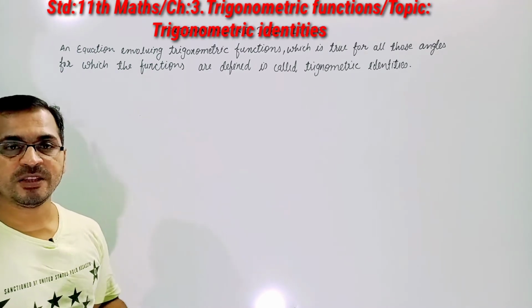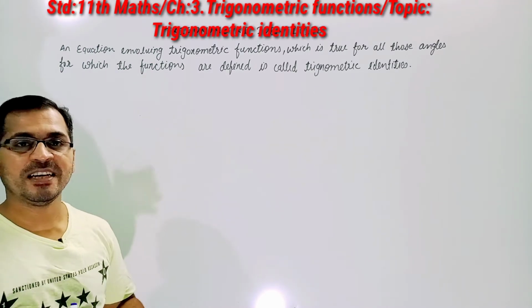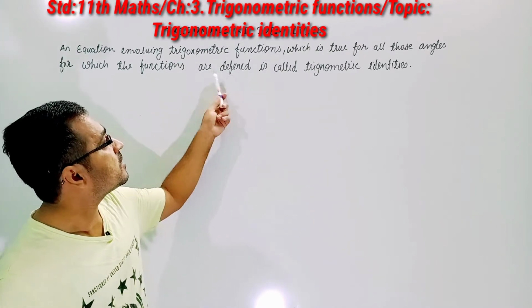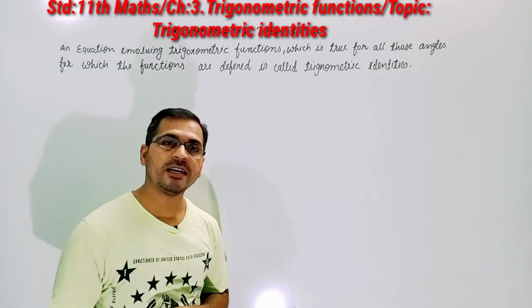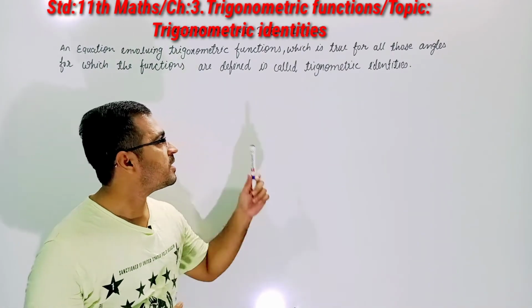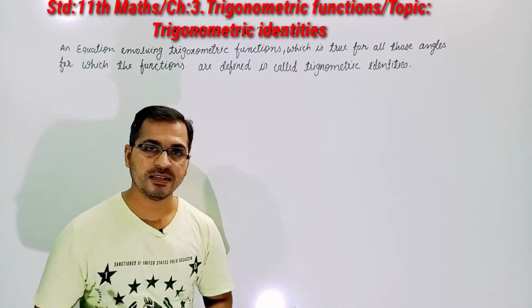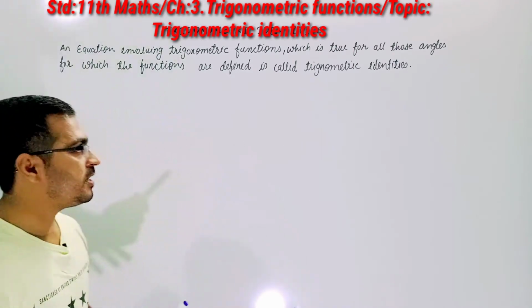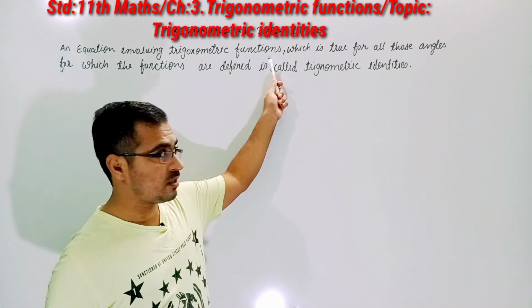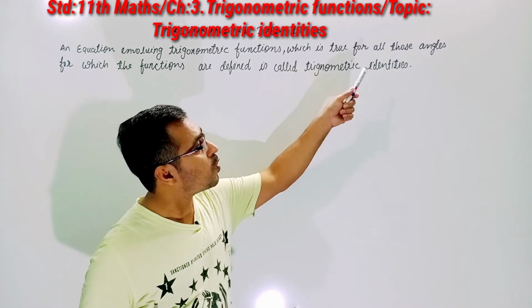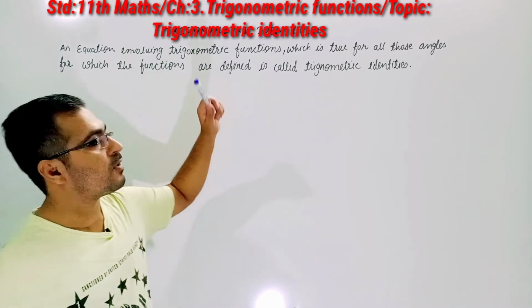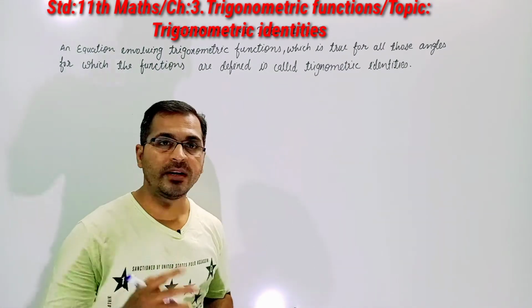The angles may be 0 degree, 30 degree, 60 degree and so on, for which the functions are defined. In short, an equation involving trigonometric functions which is true for all those angles for which the functions are defined is called a trigonometric identity.